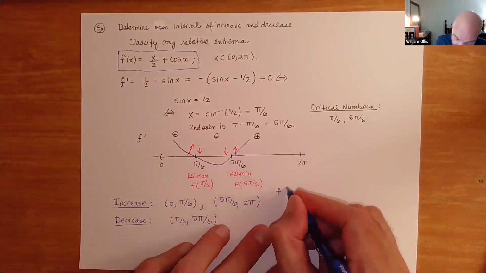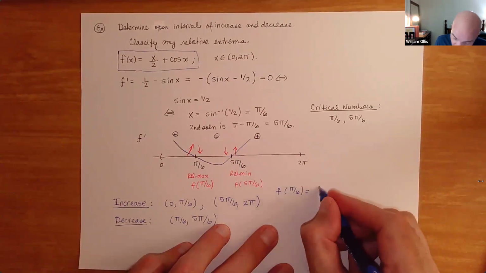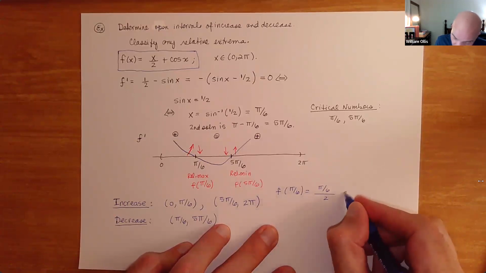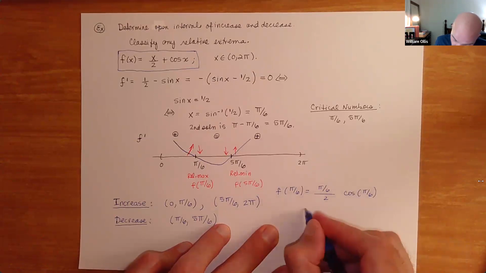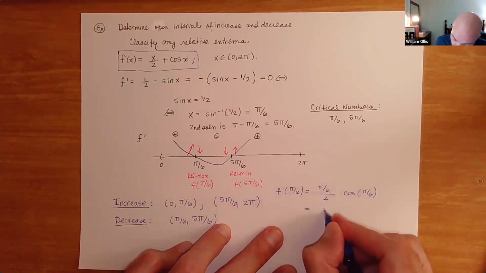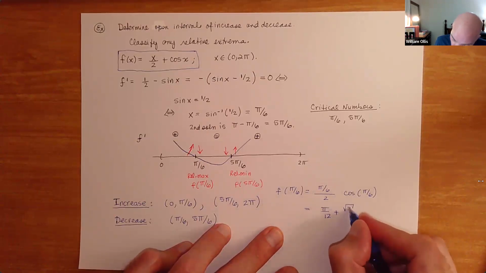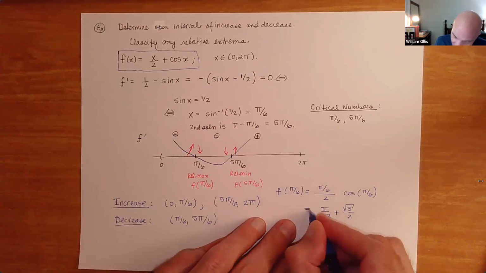We're going to need f of pi over 6, and this will give us pi over 6 divided by 2 plus cosine of pi over 6. So this will give us pi over 12 plus square root of 3 over 2. Now, of course, if you're going to write this, there's no need to simplify this. This is certainly fine. It's exact.